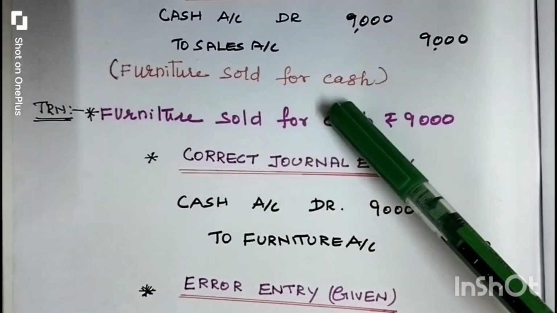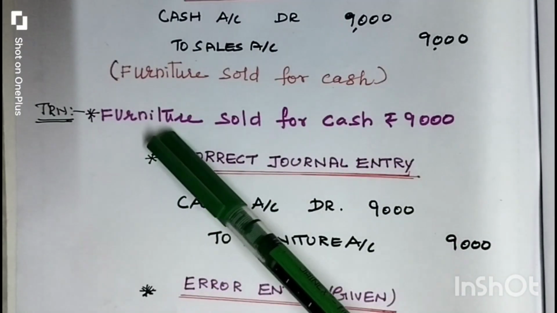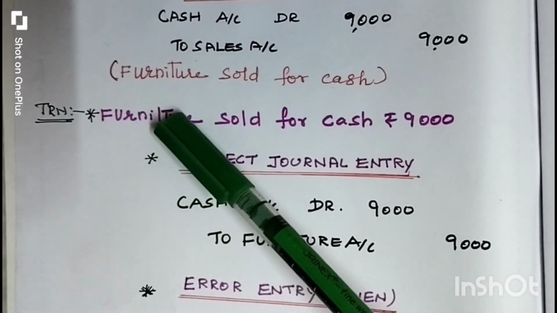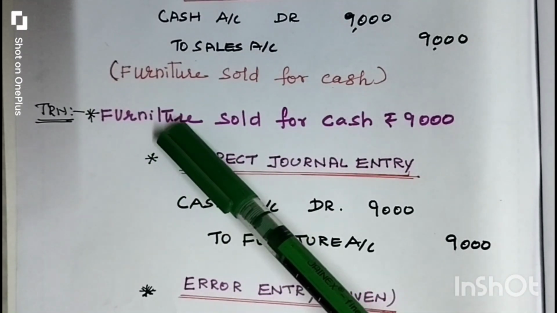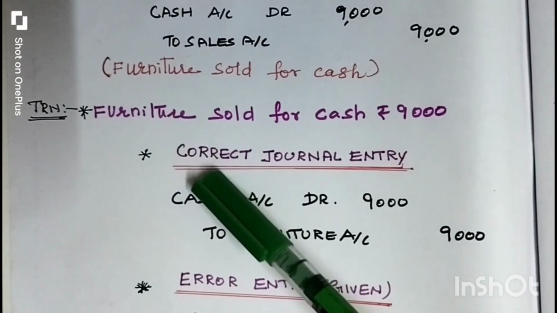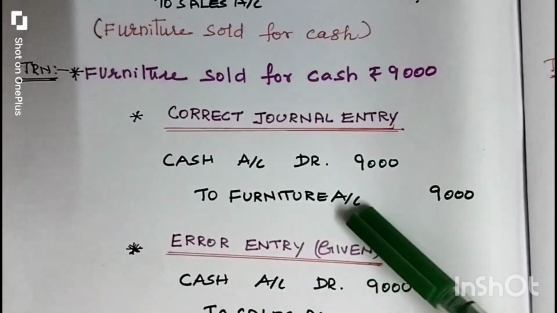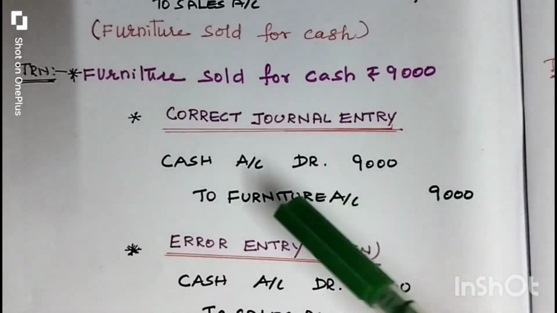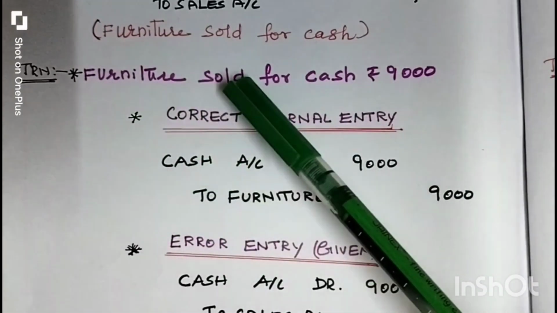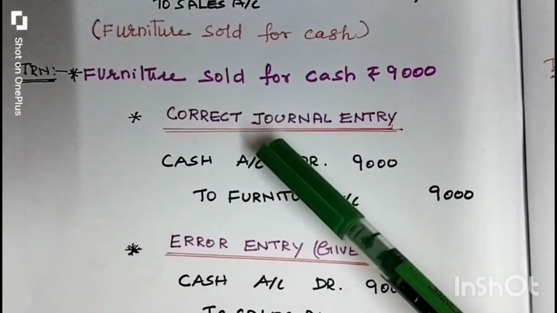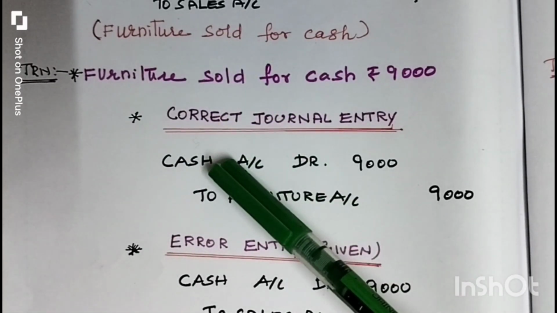What does this transaction tell us? Furniture sold for cash means furniture is the asset. Whenever you sell an asset, you have to enter the name of the asset. So the correct journal entry is cash account debit 9,000 to furniture account 9,000. Whenever you sell furniture or goods, anything, cash comes into your business.